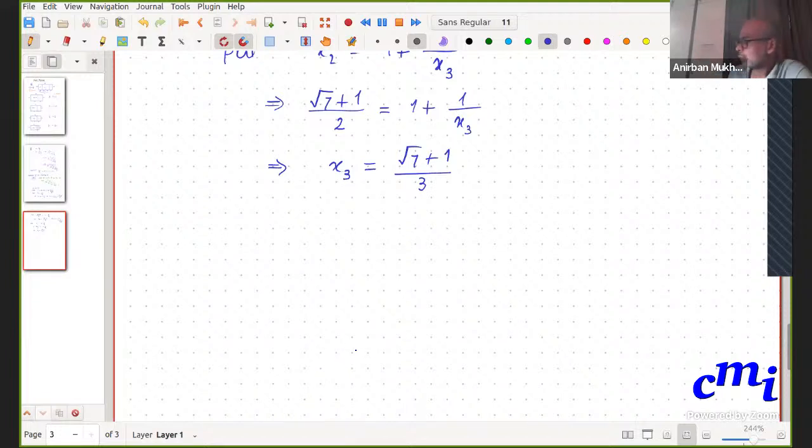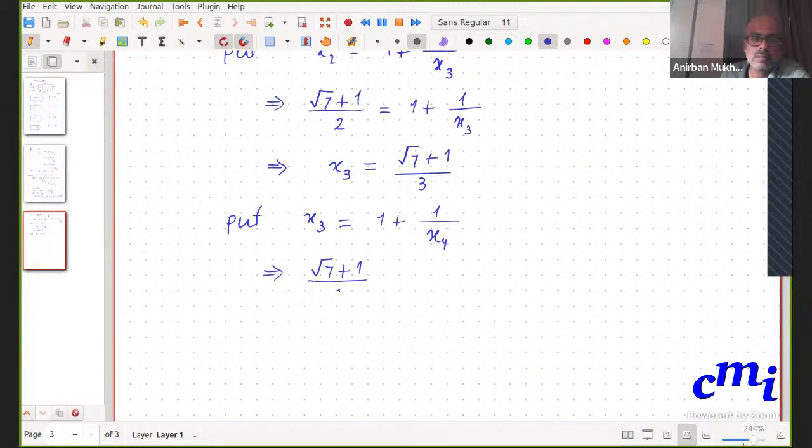Then we do the same thing and write one more iterate. x3 is now written as 1 plus 1 over x4, and therefore square root of 7 plus 1 by 3 is equal to 1 plus 1 over x4.